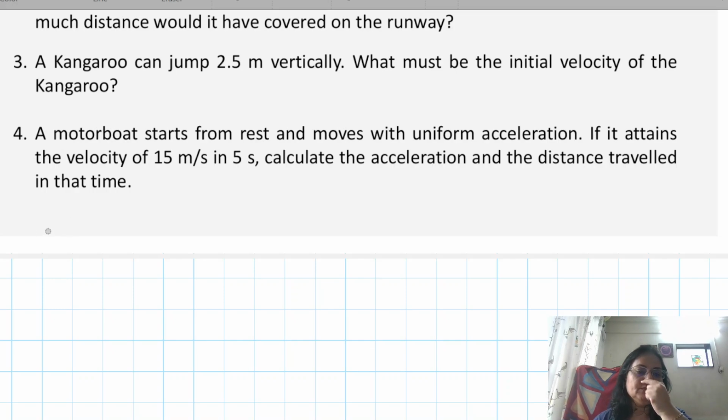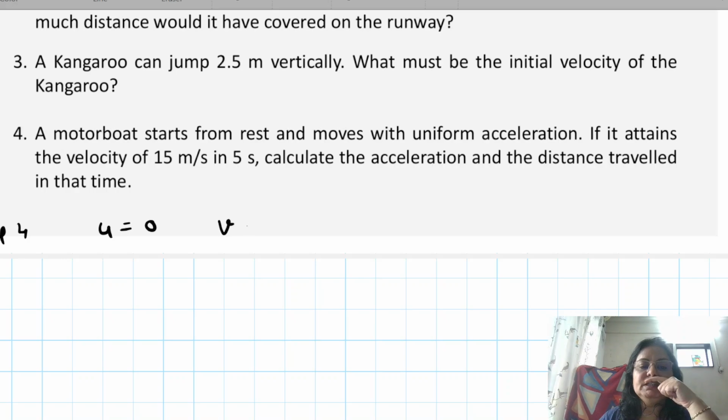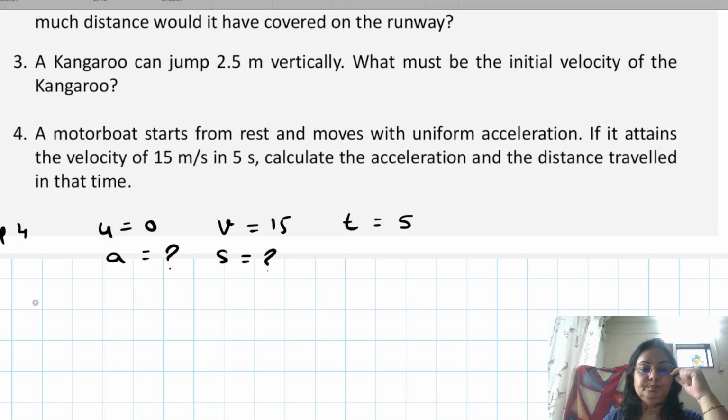A motorboat starts from rest. So that means u is equal to 0 and moves with uniform acceleration. If it attains the velocity of 15 meter per second in 5 seconds, that means v is equal to 15, t is equal to 5. Calculate the acceleration and the distance travelled. A is equal to question and distance travelled s is equal to question in that time.